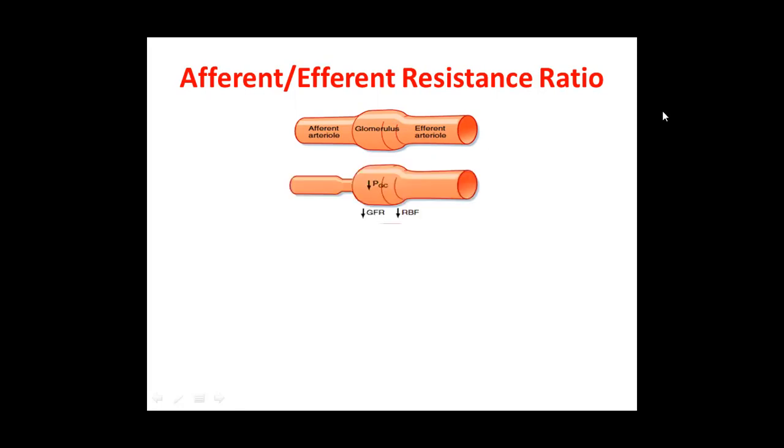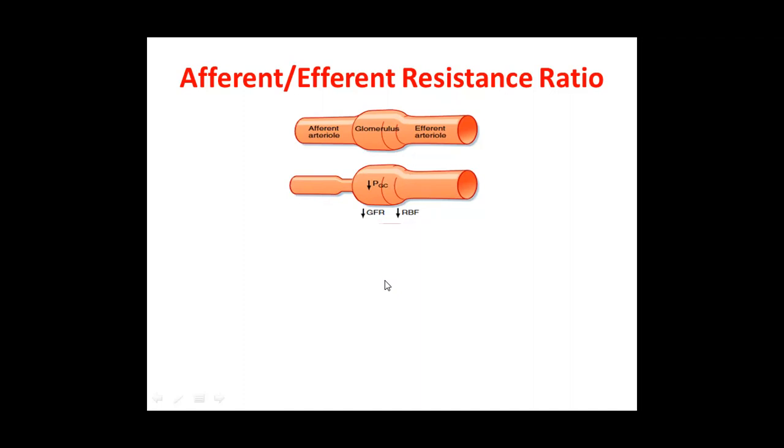Suppose this is a situation where there is afferent arteriolar vasoconstriction without any constriction of the efferent arteriole. What will happen? As there is afferent arteriolar constriction, the hydrostatic pressure of the glomerular capillary will reduce, GFR will be reduced, and renal blood flow will also be reduced. It is quite rational.